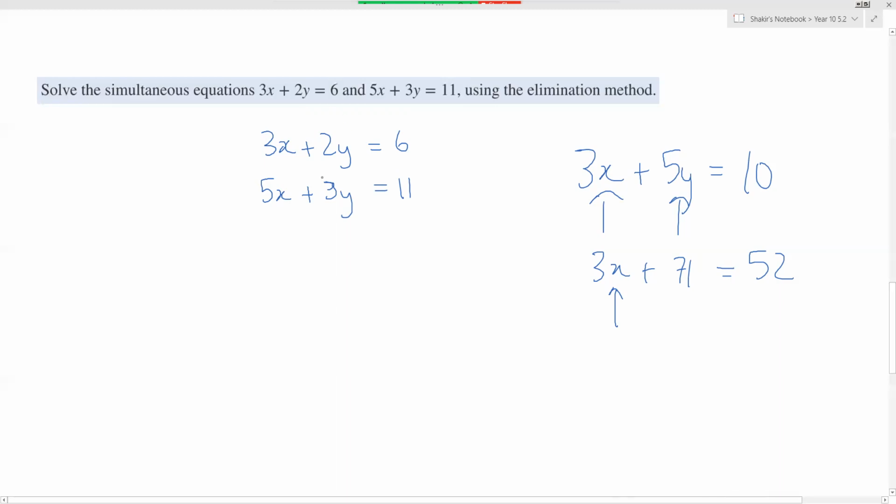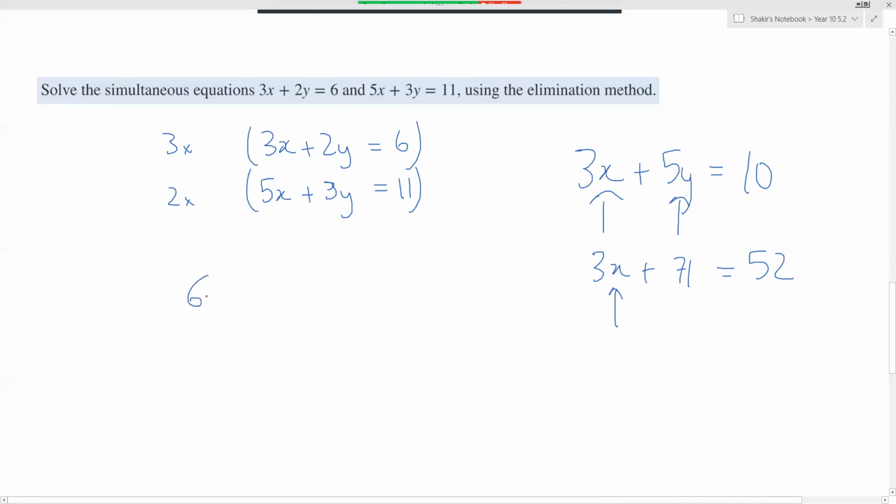So for example, I'm looking at the y's at the moment. 2y and 3y. If I multiplied every term on both sides of the top equation by 3, and the bottom one by 2, then notice that the y's will become the same. 3 times 2y is 6y, 2 times 3y is 6y. I will then be able to subtract them.